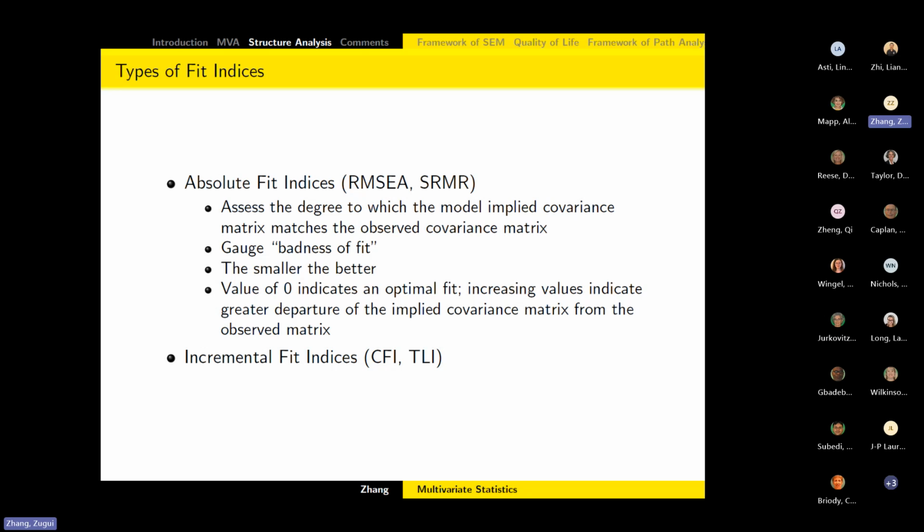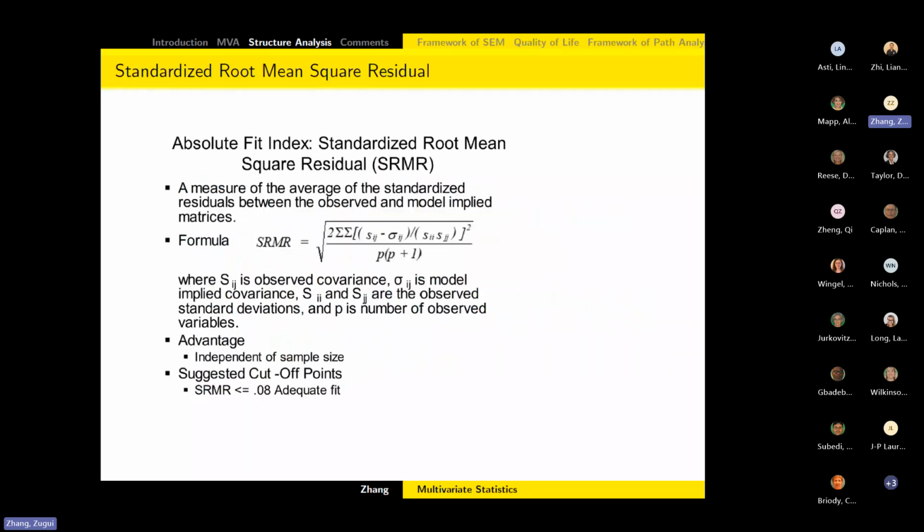When we look at RMSEA or SRMR, the smaller the value, the better the model fit. Usually, 0 means the optimal fit. An increased value indicates a greater departure of the implied covariance matrix from the observed matrix. And also we can use other indices like incremental fit indices and others.